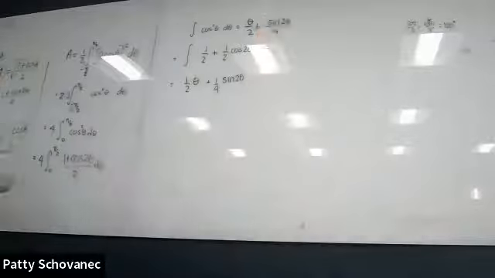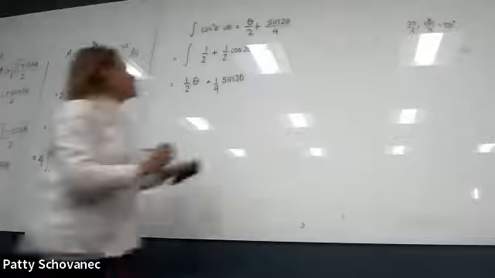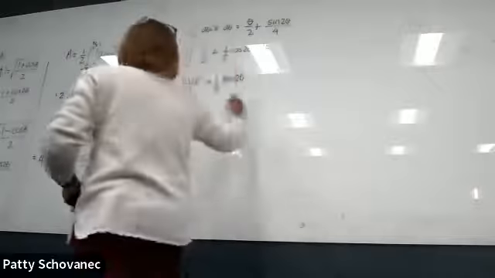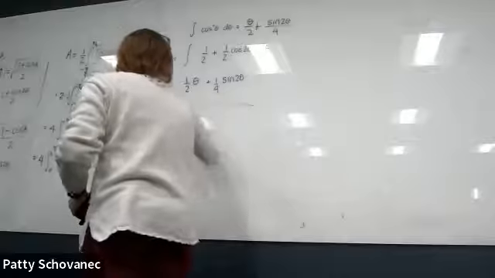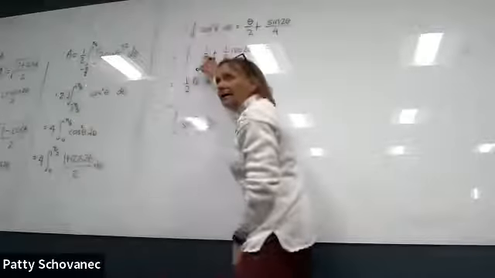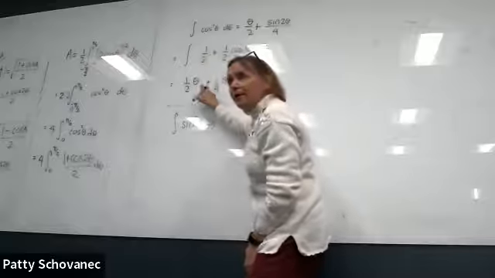And when you're integrating a sine squared, you're doing the same calculation. The only difference is you got a minus in front of the cosine. You're still integrating a cosine when you integrate a sine squared. So the formula for the integral of the sine squared of theta d theta just has a minus sign here.